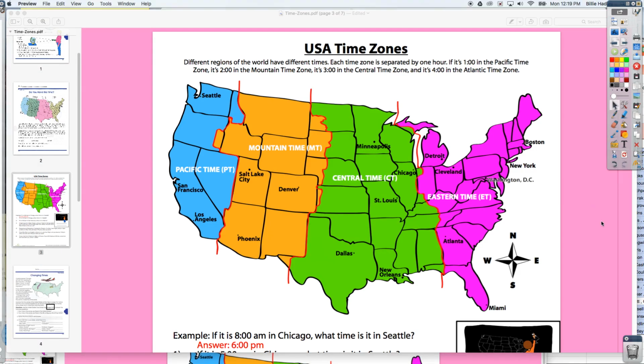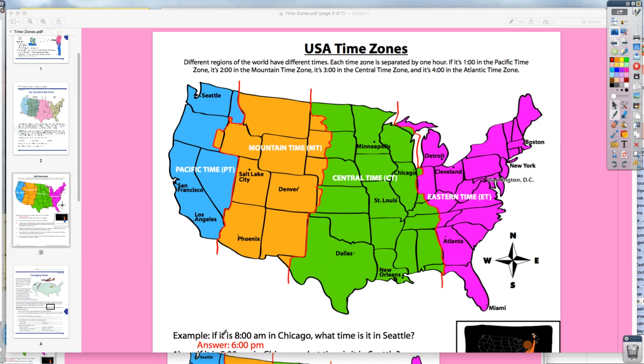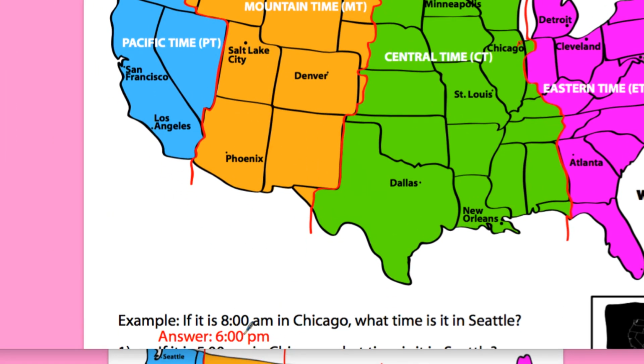In looking at this one, the example it gives: if it's 8 a.m. in Chicago, what time is it in Seattle? So if it's 8 in the green, we know that when we go west, we lose 1. So it would be 7 and then 6. This example page made a mistake because it says 8 a.m. in Chicago when it makes it 6 p.m. in Seattle. It should be 6 a.m. for the example.